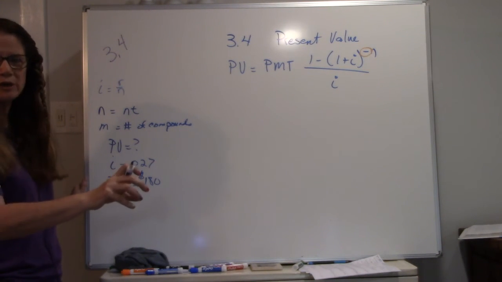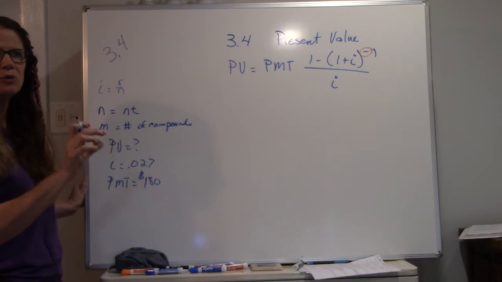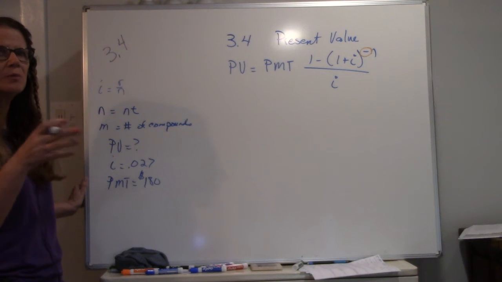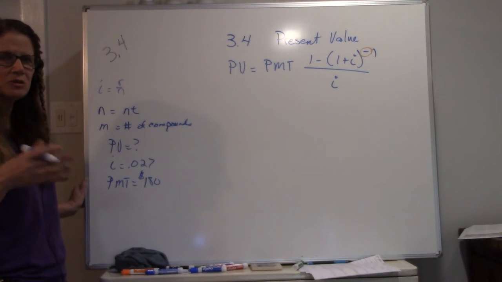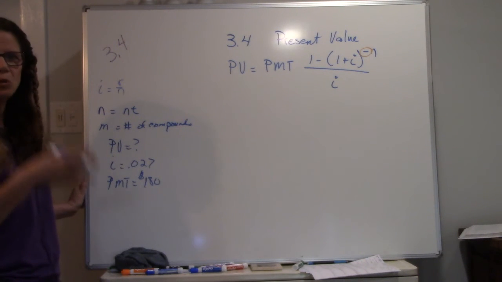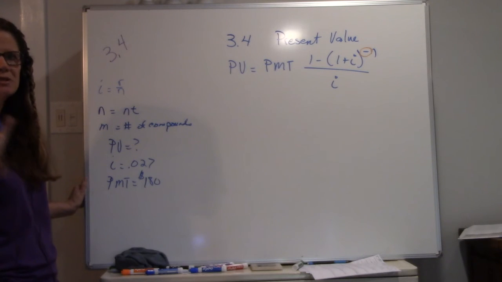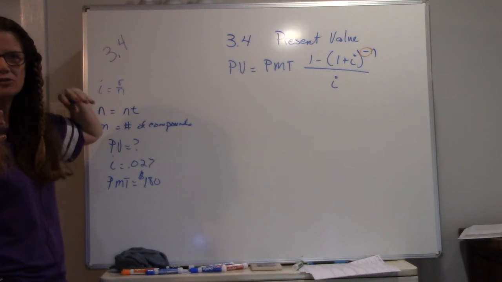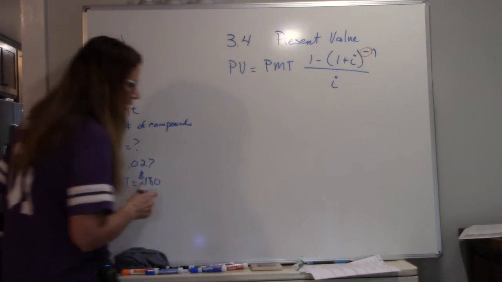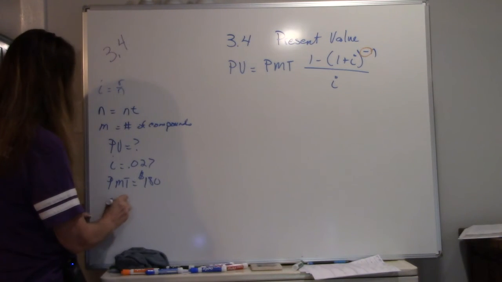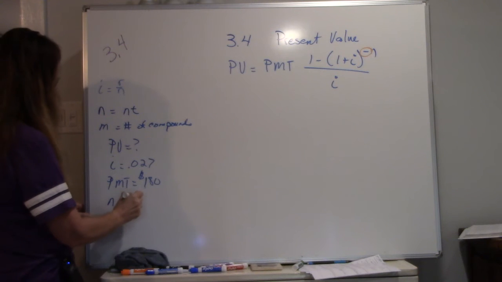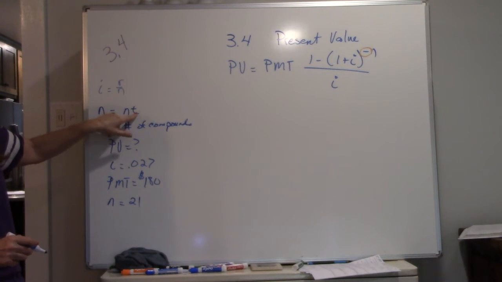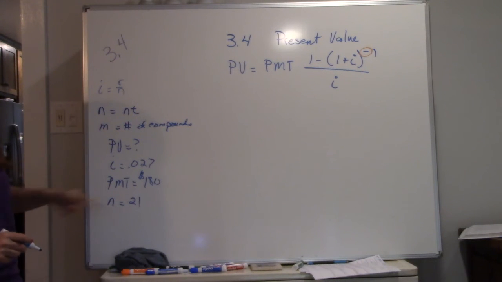It's not just a one-time payment. So when you're looking at word problems, make sure you identify whether this is a number of payments, like a continuous payment process, or a one-time payment. That will help you decide whether you use future value, present value, or just compound interest. And then N, from MyMathLab, is 21. Remember, N is N times T, so they give it to you as one number.